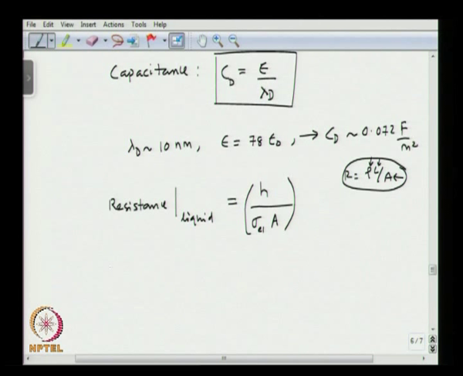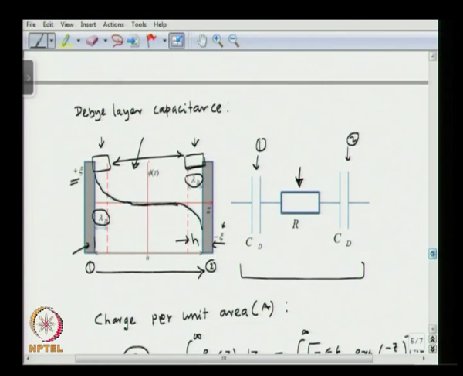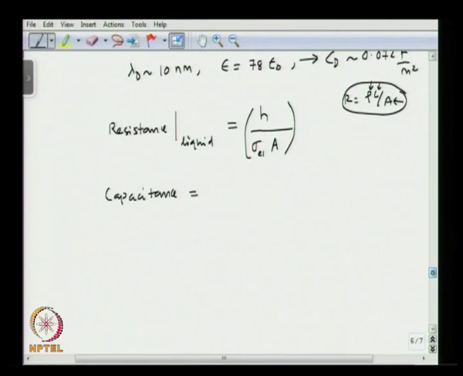And the capacitance, so we have two capacitors here, okay, they are connected in series, okay. So we can find the equivalent capacitance. So equivalent capacitance will be epsilon A over 2 lambda d, okay.